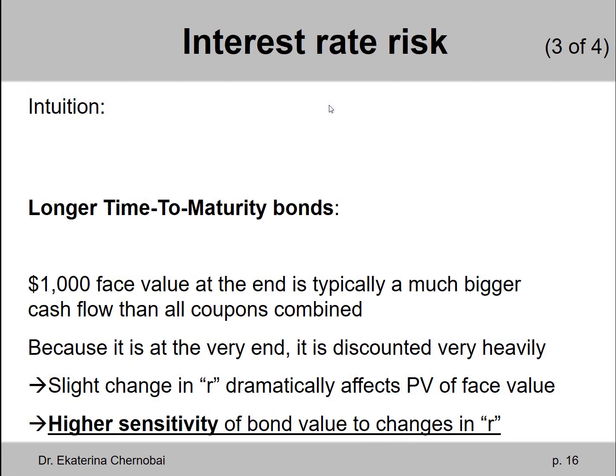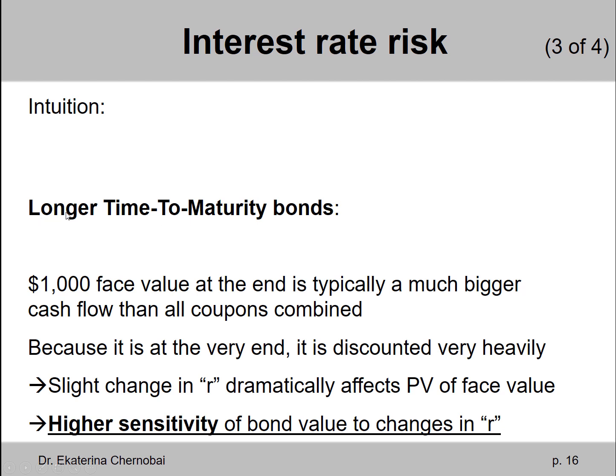And the intuition, so I just said that you can verify that this is what will be happening. If you try changing the interest rate and recalculate the bond value and see how big the changes are. But there's also a different kind of an intuitive explanation for why this is happening.